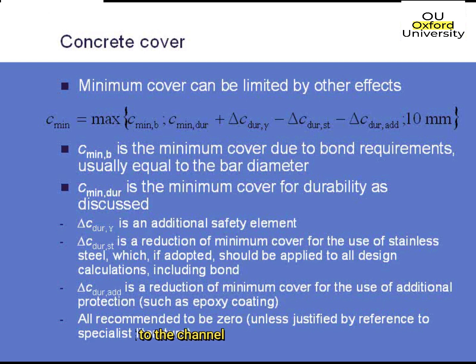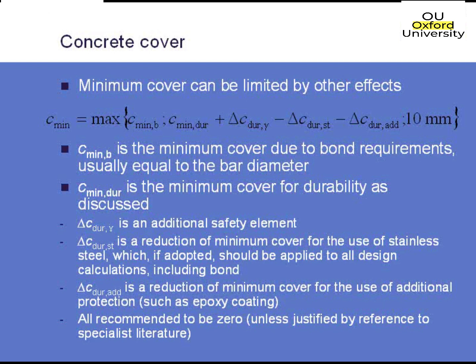So anyway, once you've found out what your minimum cover is, you then have all these various other parameters that you add on to calculate what your actual C-min is. And you also have this C-min,dur, which is our minimum cover for the durability, which allows for additional national parameters.